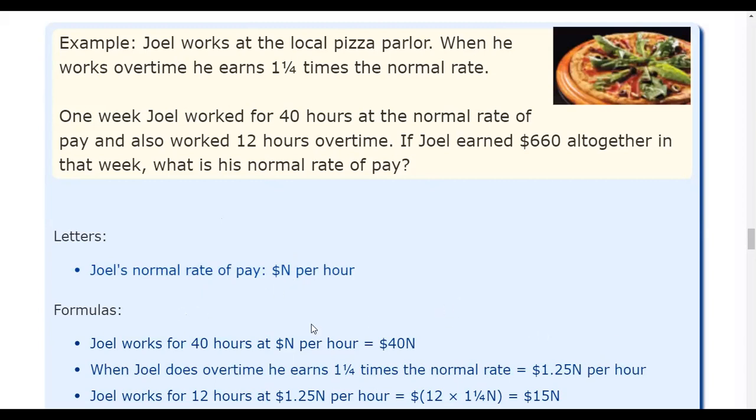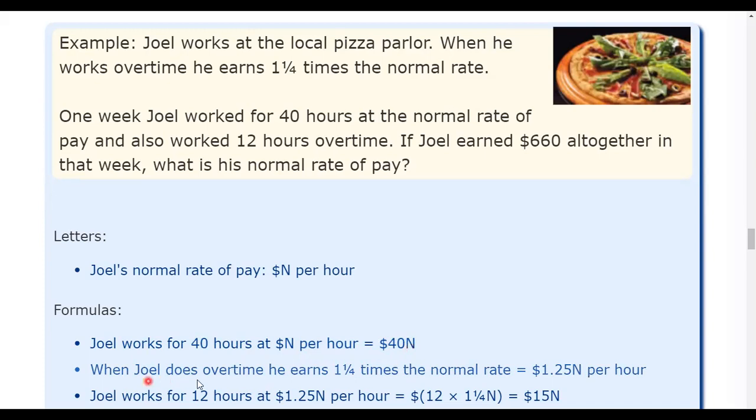Formulas, if you can see this, if we are just tracing this one, Joel works for 40 hours at N dollar per hour. So normal working income is 40N, because 40 is the time, N is the rate of his working.